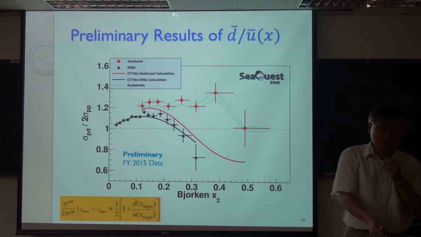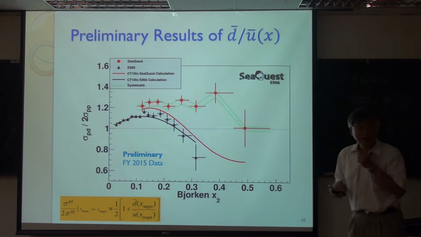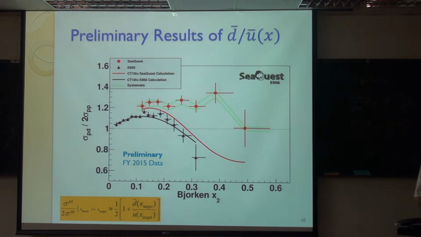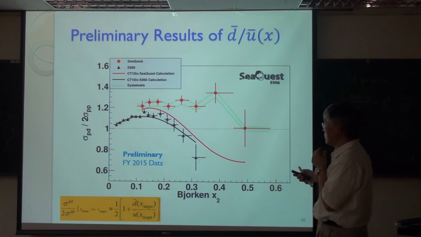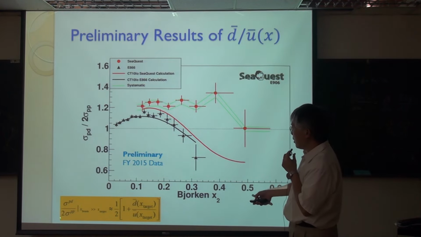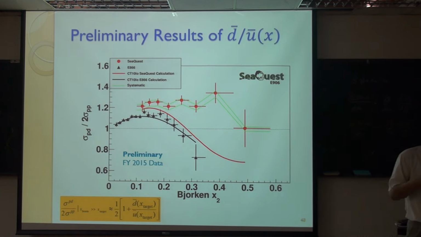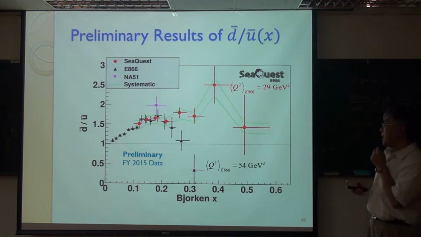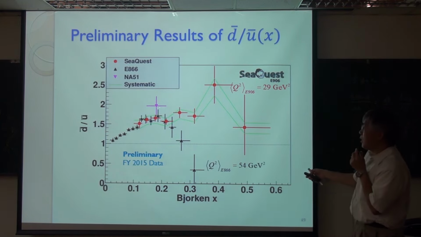But there is something to take care of: our main acceptance for the Drell-Yan pairs is at a different Q square, a different invariant mass region. If you change to the same Q square and take into account the QCD evolution effect at the different region, then this is the final extracted result.